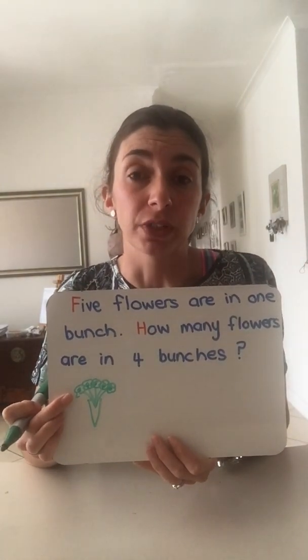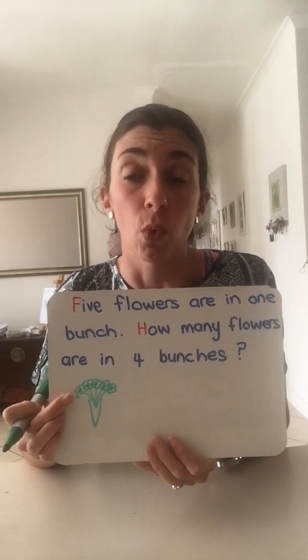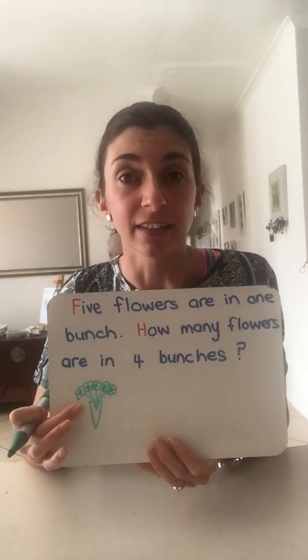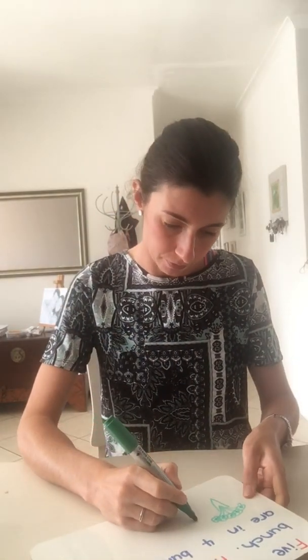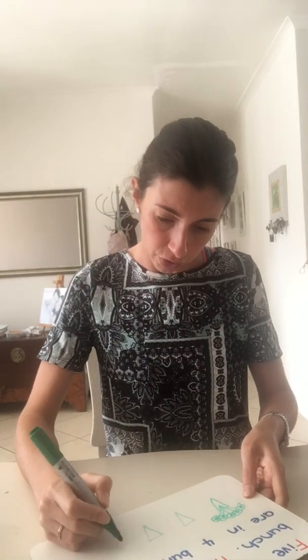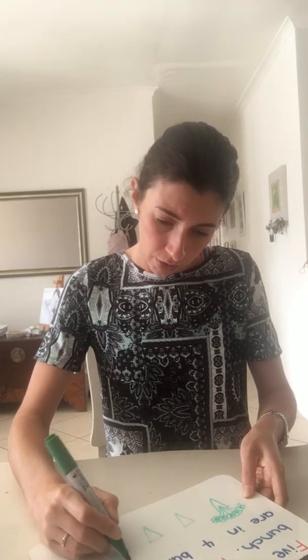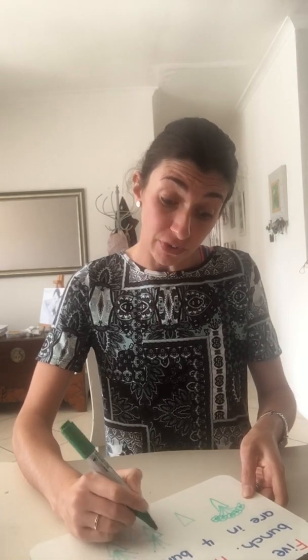How many flowers would there be in 4 bunches? So just like this, but 4 of them. So that was 1, 2, 3, 4, and there are 5 flowers in each bunch.